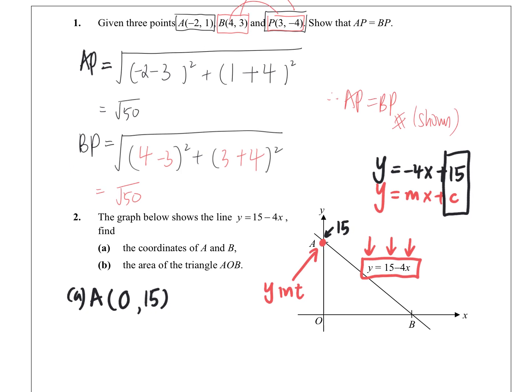Now I want to find B. Krishvan, how to find B? It cuts the x-axis. So what is 0? Y is 0. So how to find that value? I need to sub what? This is the x-intercept. I sub what as 0? Y as 0. Can you sub y as 0 and solve for x? What do you get?